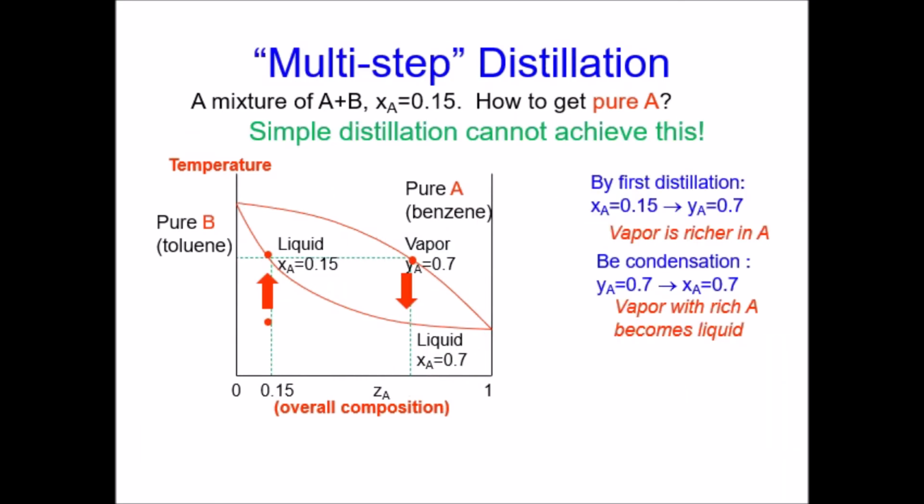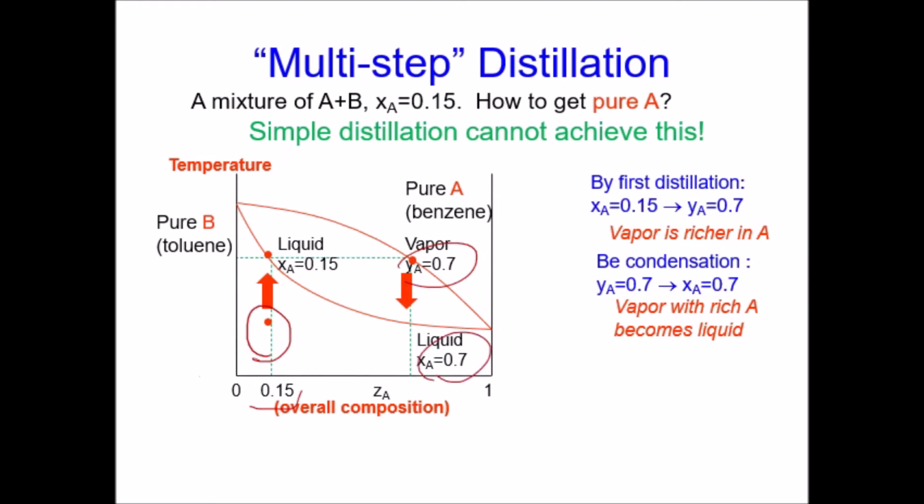In the last slide, we showed an example of simple distillation. We start with a solution of mole fraction A equals 0.15. After distillation, we get a vapor phase of 0.7 A, so the gas phase has more A. By cooling, we get a solution of 0.7.